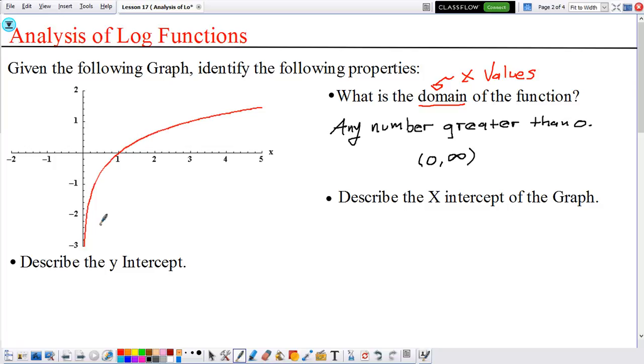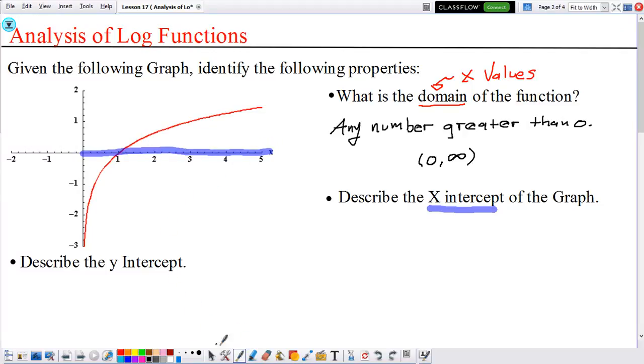Now let's describe the x-intercept of the graph. What do I mean by the x-intercept? Let's try it in blue. The x-intercept, from your geometry class in Algebra 1, is where the graph touches the x-axis. This is the x-axis.